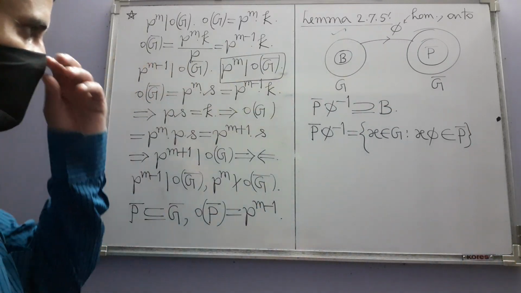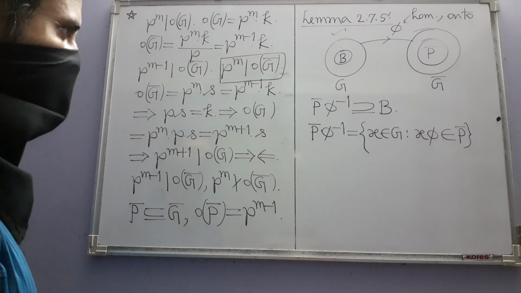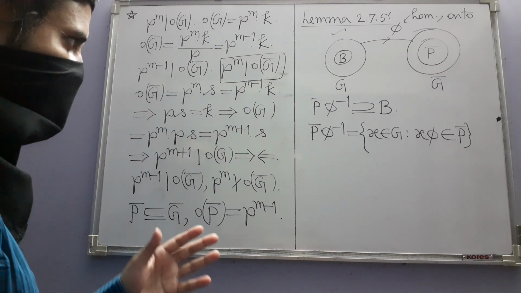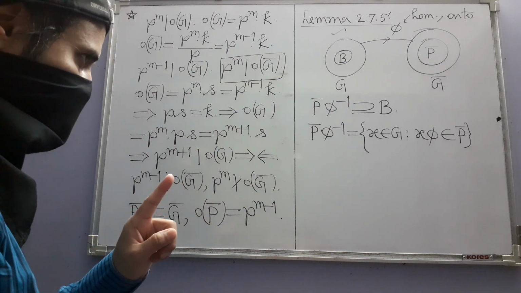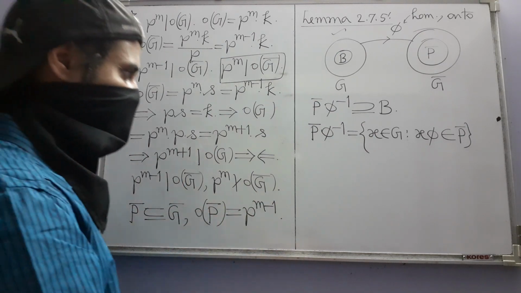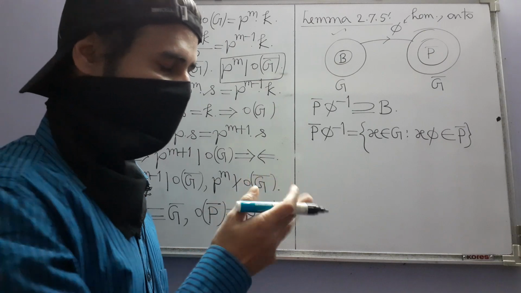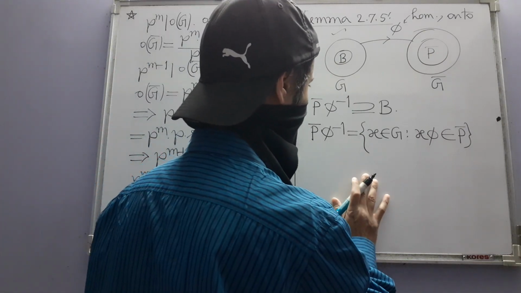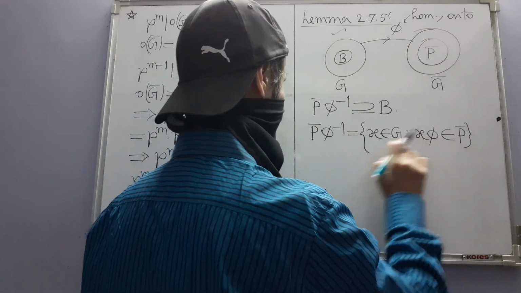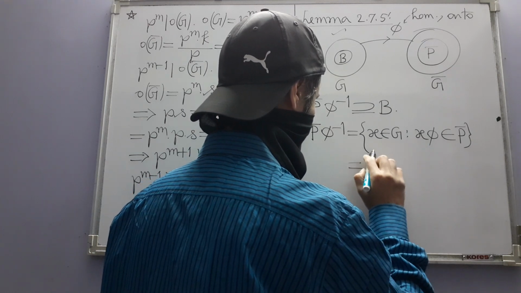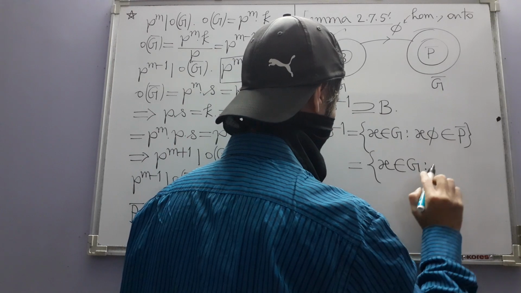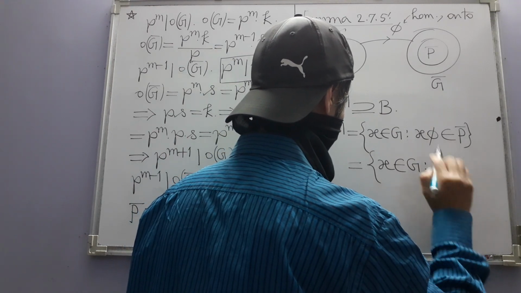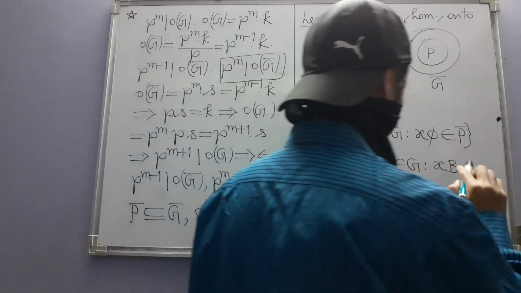Am I writing it correctly? Yeah, I have also got a little bit confused. Phi images belong to, yes, it's correct. It's just simply from theory of functions. However, what is this phi image? This is nothing but the coset of B given by X.